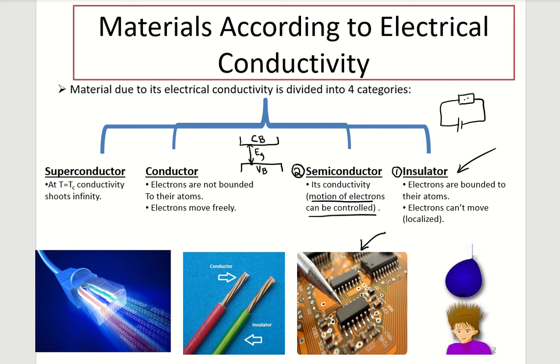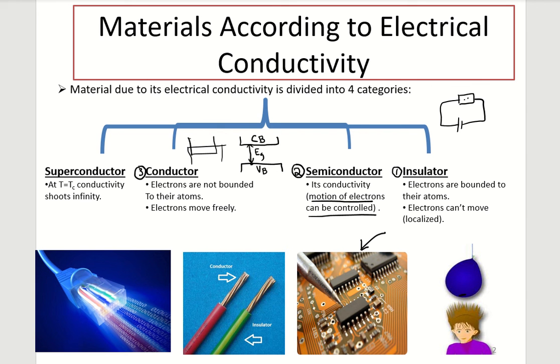Now, if you go to the conductors, which is the third type of material, the electrons in the conductors are free to move. Even valence electrons are considered to be conducting electrons because there's no energy gap. In the conductors, the conduction band overlaps with the valence band.